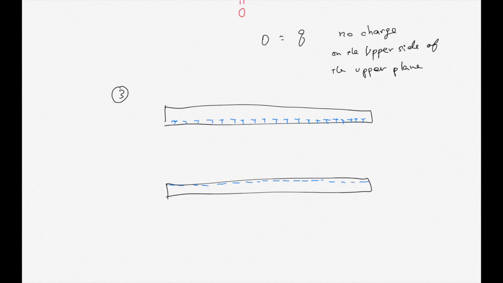Then we consider a Gaussian surface in the shape of a cylinder. Now, the bottom is between the two plates, and the top is in the upper region of the upper plate, where, as I explained, the electric field is 0.